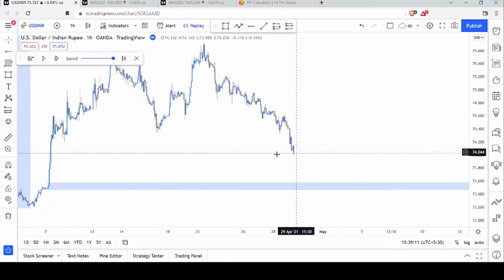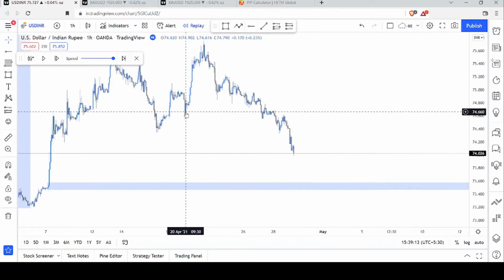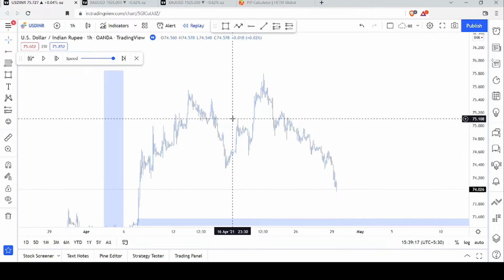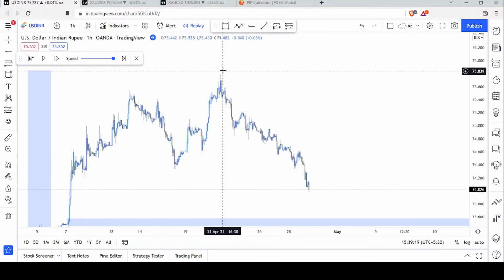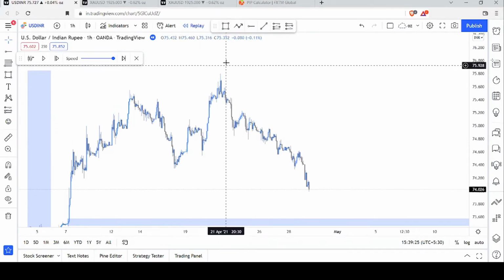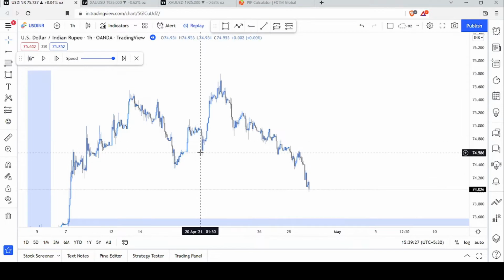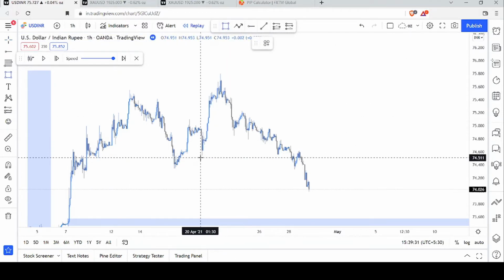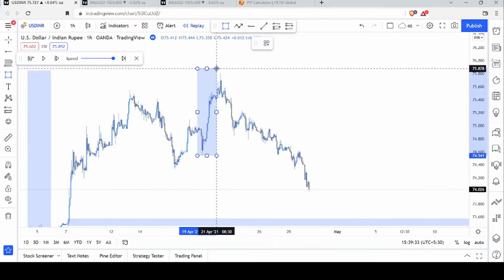But inside this zone, what do you have? You have a break of structure right here with this move, and again inside this break of structure, this is your first box right here.